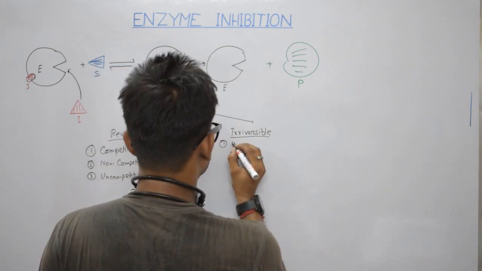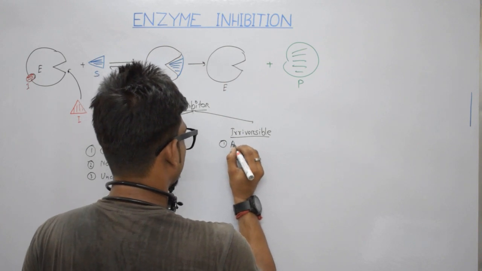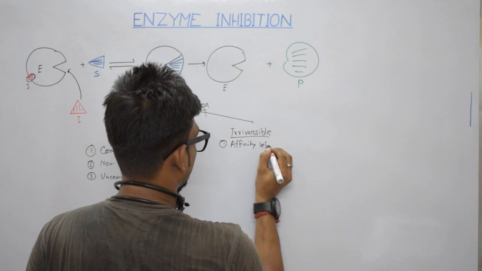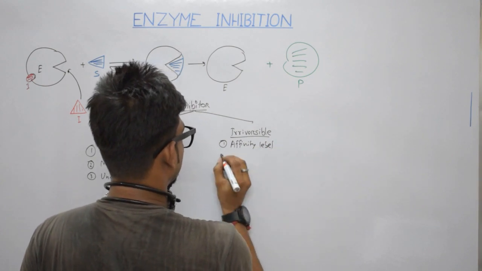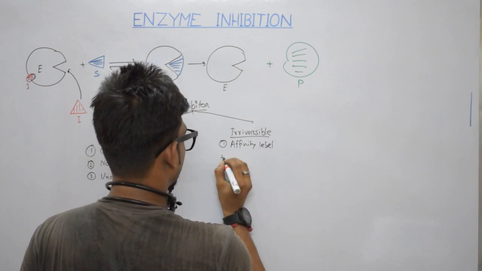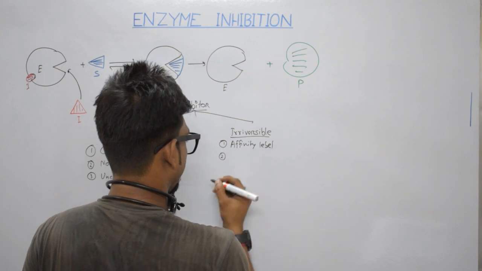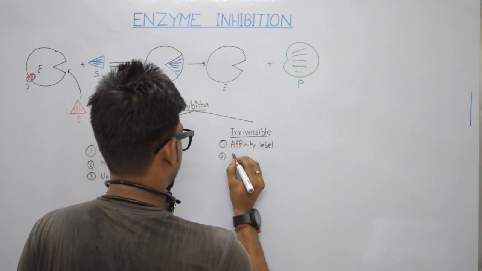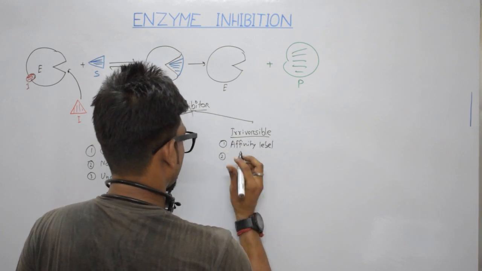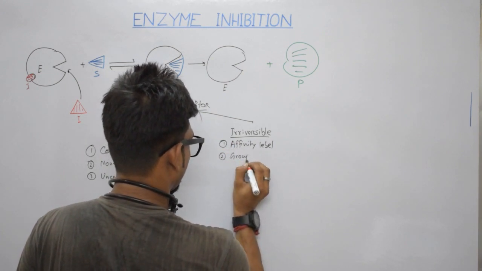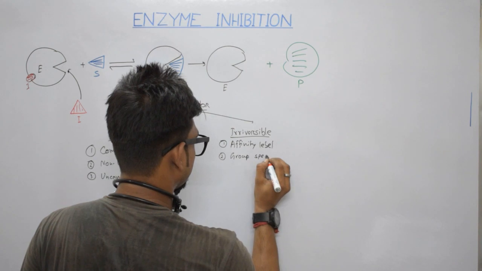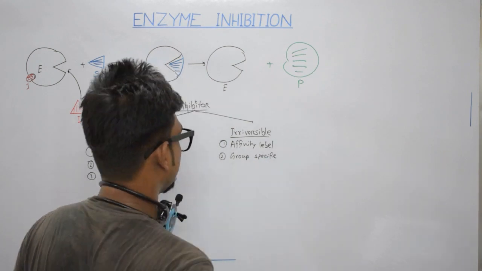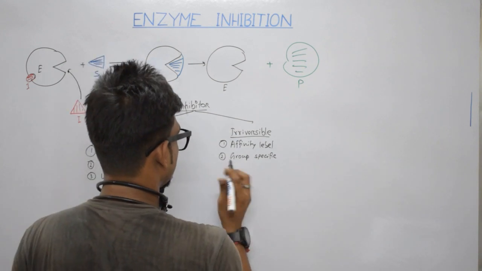And here the irreversible can be categorized into four. One is affinity level, and number two is the group specificity, or group specific, rather better to say that.